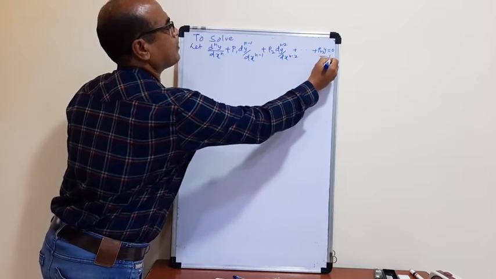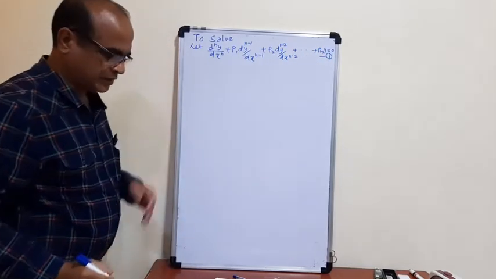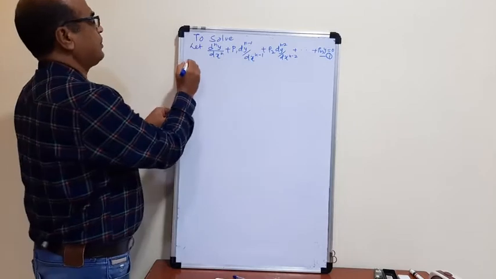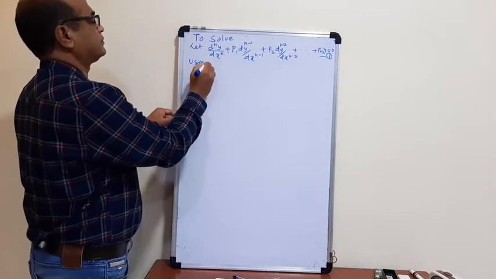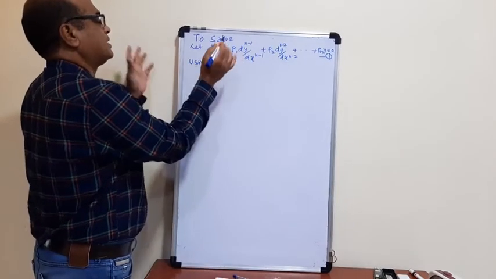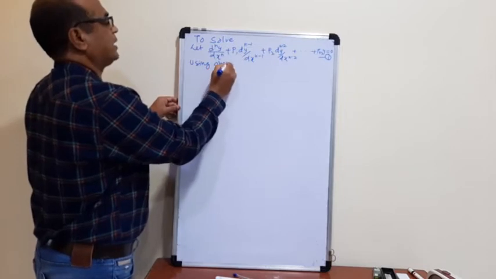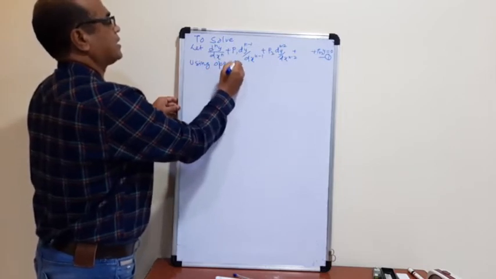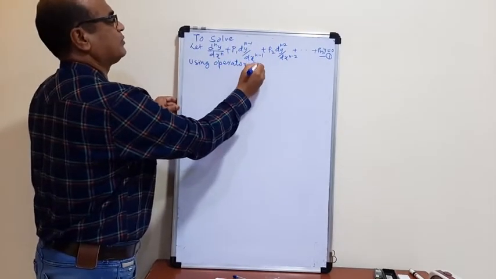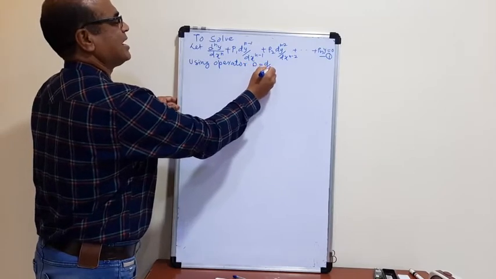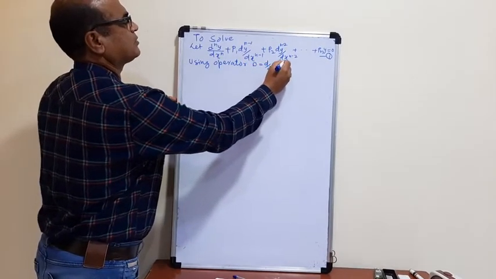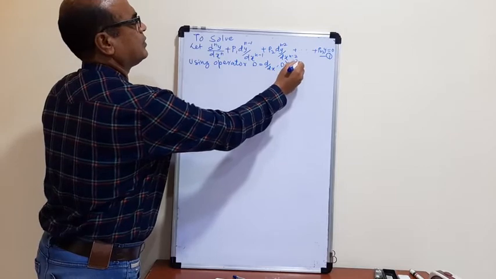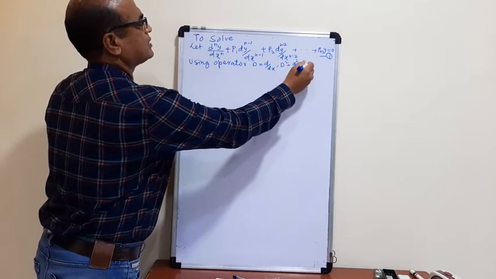So that is equation number 1. We simplify this equation using the operator D, where D is equal to d by dx, D squared is equal to d^2 by dx^2, and so on.